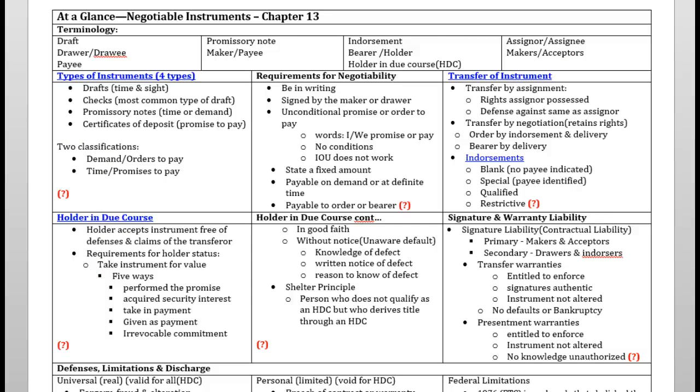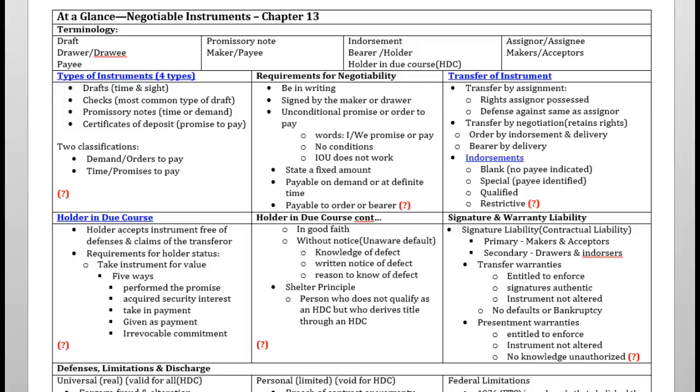So a maker is one who promises to pay a fixed amount of funds to the holder of a promissory note or a CD, a certificate of deposit. An acceptor is a drawee.